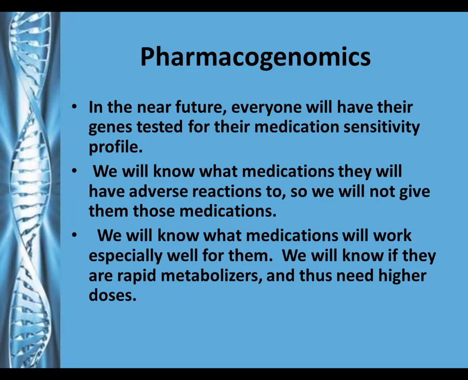So they will not receive these drugs at all if there's a better alternative to treat the issue that's going on with this patient. It will also help us know what medications work best for that individual. It will allow us to know if they're rapid metabolizers or slow metabolizers, and therefore we can adjust dosing and frequency for those patients to both achieve therapeutic and intended effect, or to prevent adverse reactions and life-threatening complications.